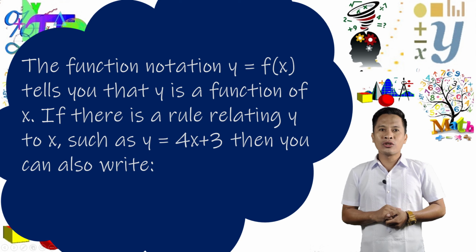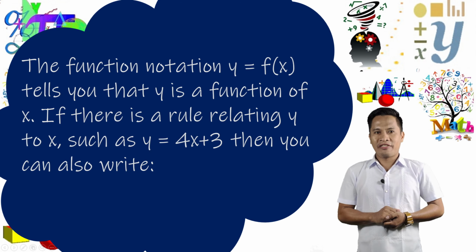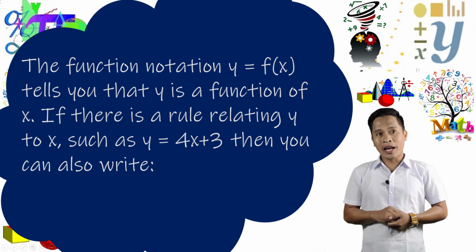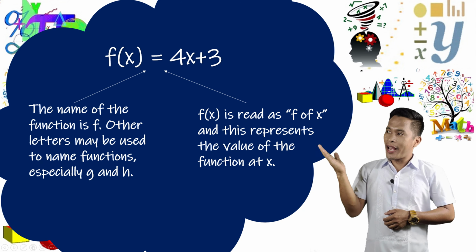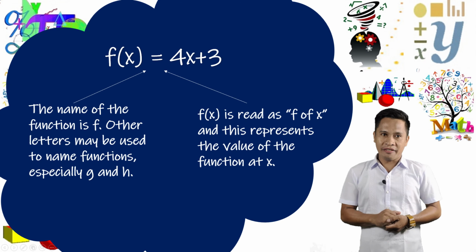The function notation y equals f of x tells you that y is a function of x. If there's a rule relating y to x, such as y equals 4x plus 3, then you can also write f of x equals 4x plus 3. The name of the function is f.